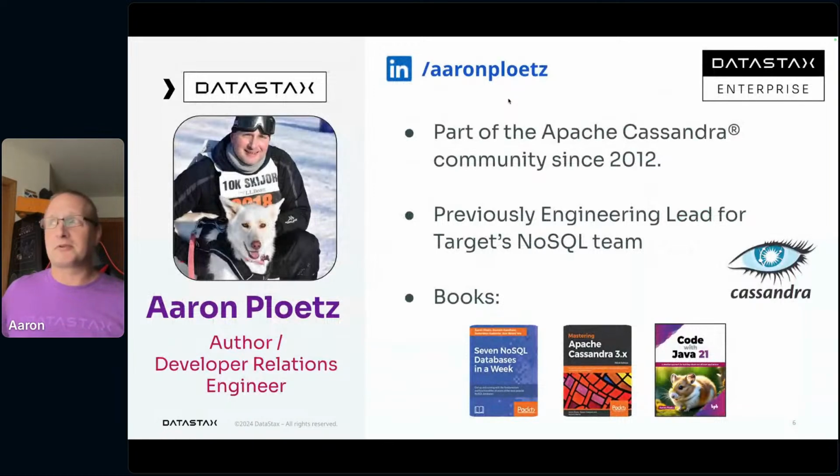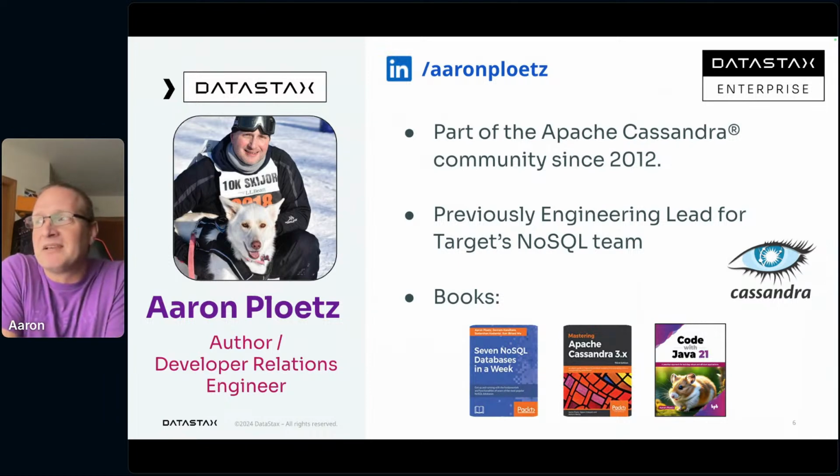All right, so real quick, a little about me. I work at DataStax. I've been in DevRel for quite a while. I've been a part of the Apache Cassandra community for more than 12 years, so I've been using it for quite a long time. I was previously the engineering lead for NoSQL at Target. My specialty was Cassandra, but I did oversee and drive all of NoSQL.